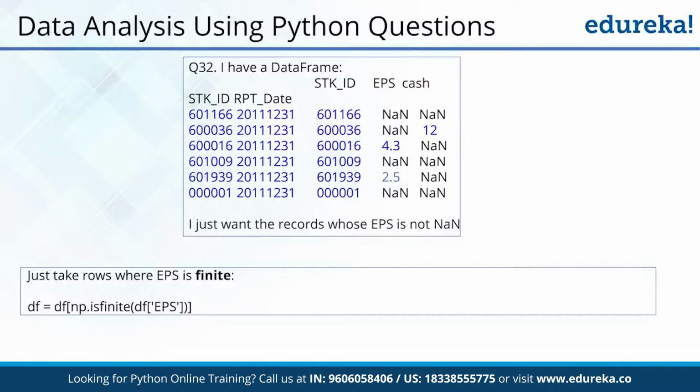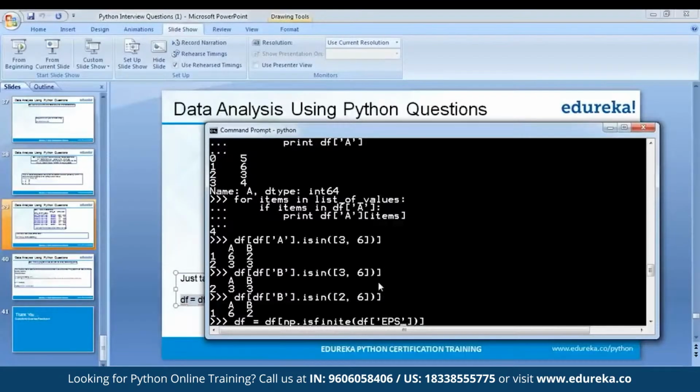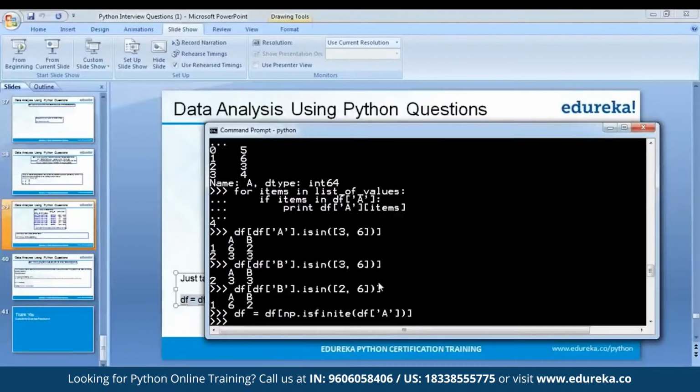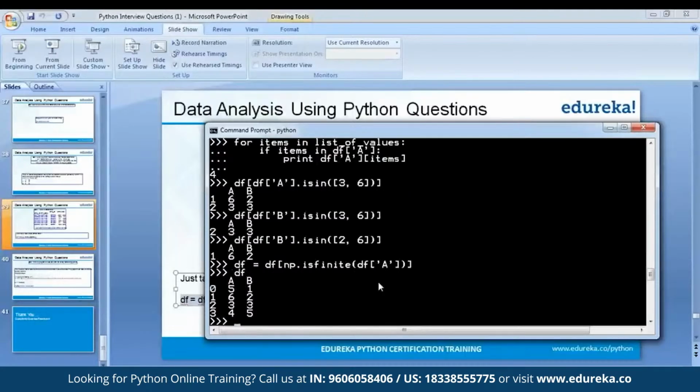In that particular case, you just give df dot is finite of so and so. For example, if we do it here, it will give you only the finite values. This is just an example of what we had done earlier. I don't know if I can replicate this. Just give me a second. Let me see if we can replicate this particular thing.